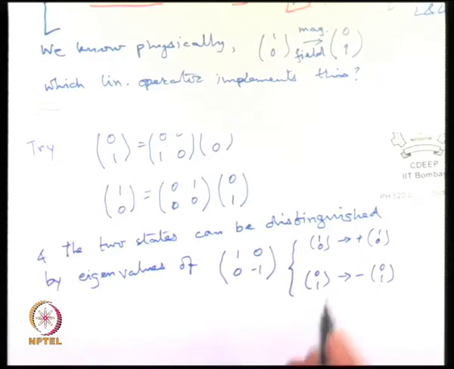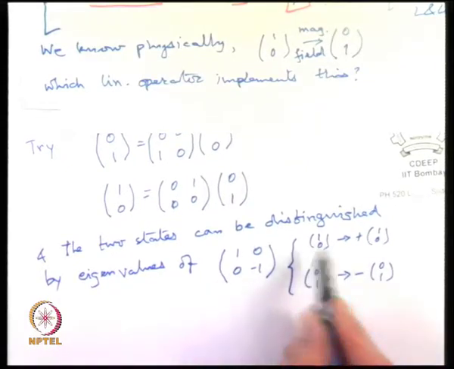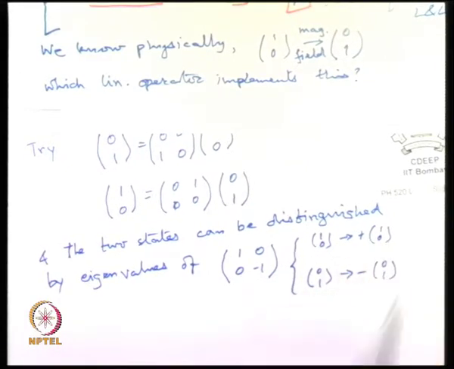So if you apply this matrix on this or on this, you can distinguish the up spin and down spin as eigenstates of this matrix 1 minus 1.